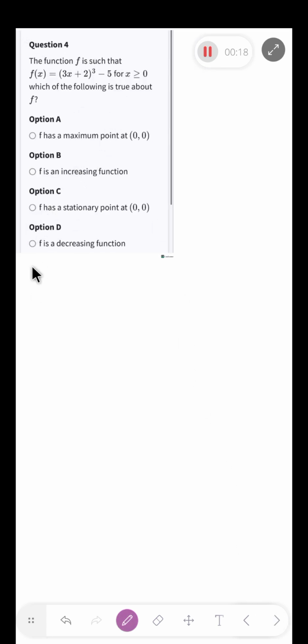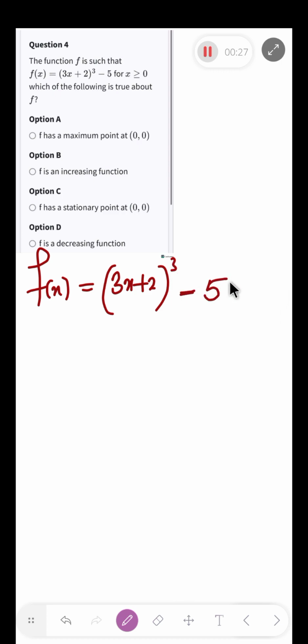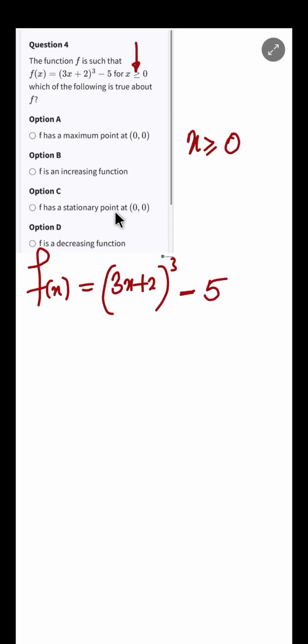Question number four here says if you have a function f of x equals (3x + 2) all raised to the power of 3, minus 5. Please, you have to take note of this condition: x is greater than or equal to 0. What does that mean? From here, we can actually determine the behavior of this function by taking its derivative and analyzing its sign.